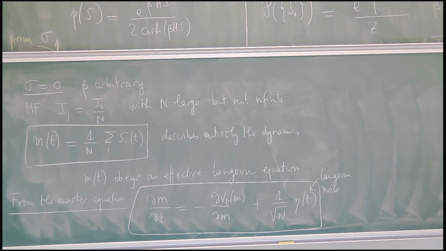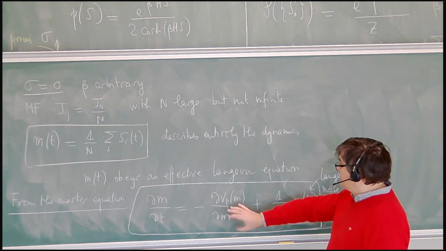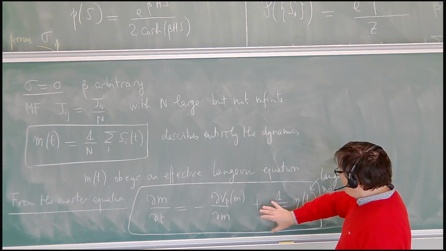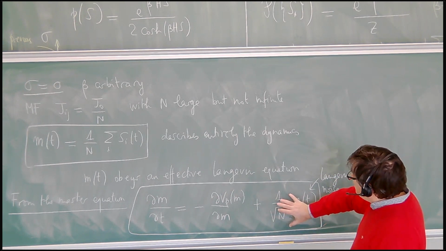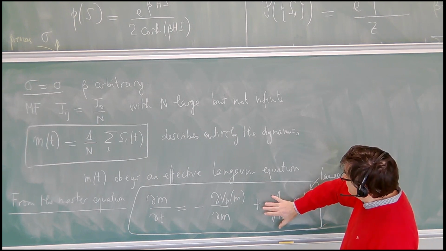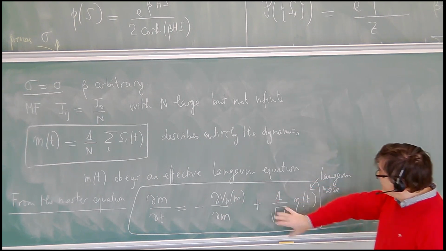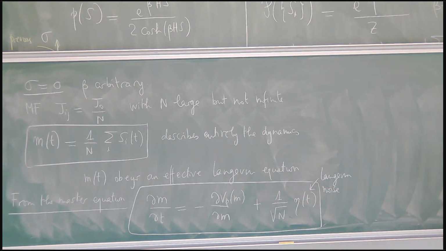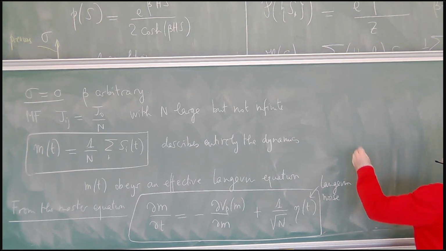The end game is that this is a Langevin equation with a potential term, and in the infinite N limit, it's a deterministic equation, but in the large but finite N limit, it's a Langevin equation. So what is V beta of m?